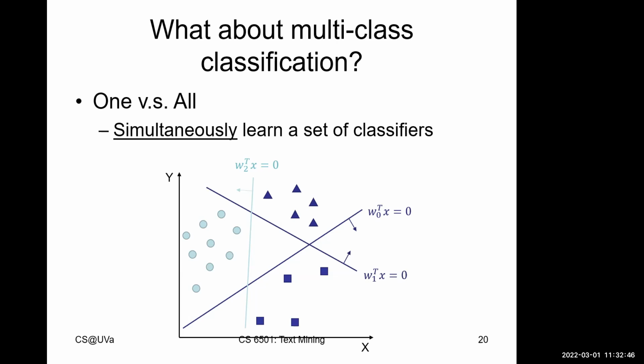This is sometimes abbreviated OVA. You'll see that notation in papers, in code. Whereas instead of having teams, we're going to take those circles and they're going to first compete against the triangles, and then those circles are going to compete against the squares.